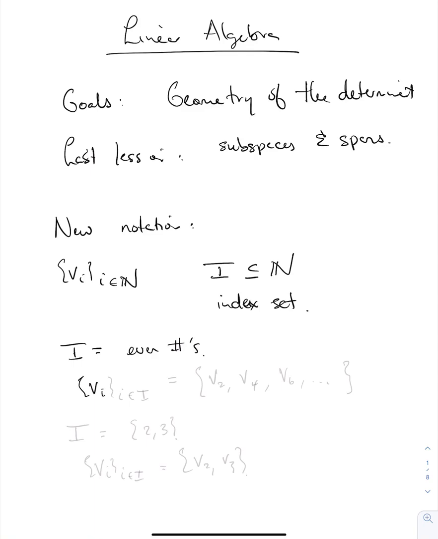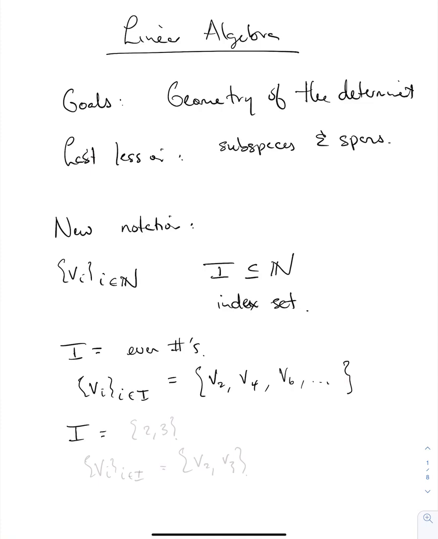Then v_i, such that i is in I, is going to be v_2, v_4, v_6, etc. Of course, we can argue about whether 0 is in the natural numbers and 0 is even, but for now, I think you get the point.